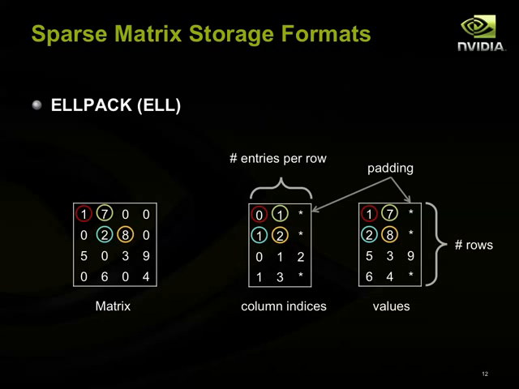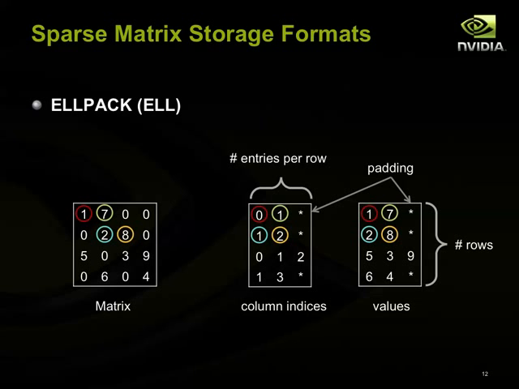In ELLPACK, we make one assumption, which in many cases we can exploit to positive effect. The assumption is that there's some maximum number of non-zeros in any row, in this case 3, and that most rows have about this number, or close to it, maybe half or more. So we say I have at most 3 non-zeros per row.